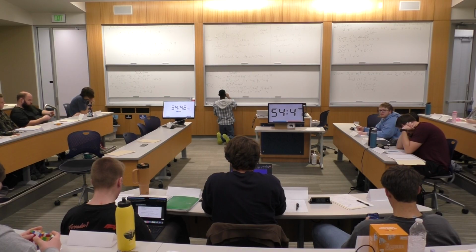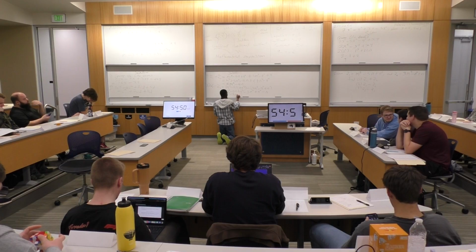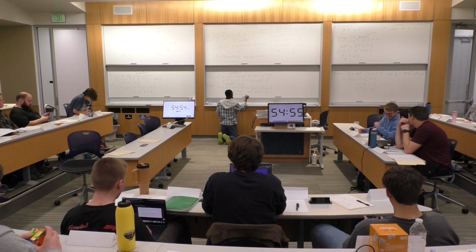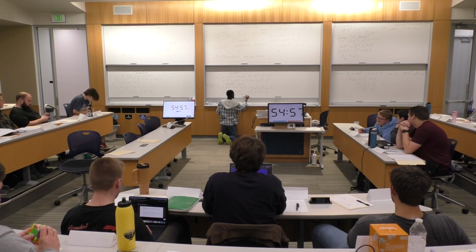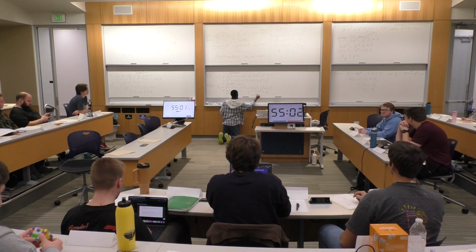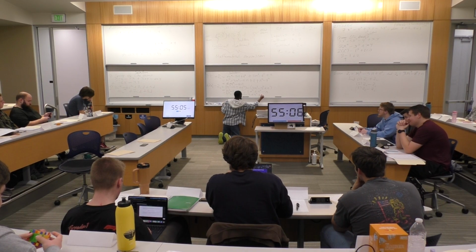If you group the like terms, you have m power 3 minus 3m power 3, minus 5n, minus n, plus n squared, plus n squared.